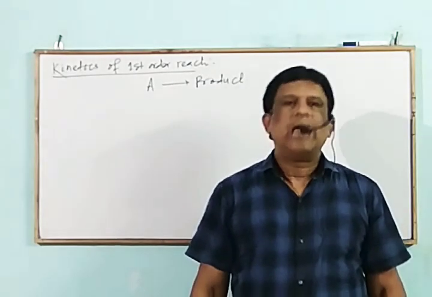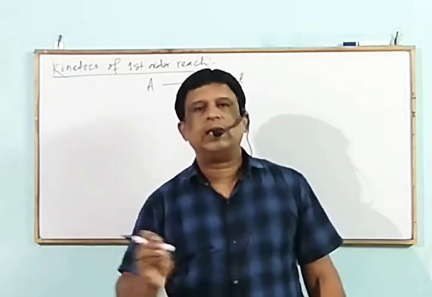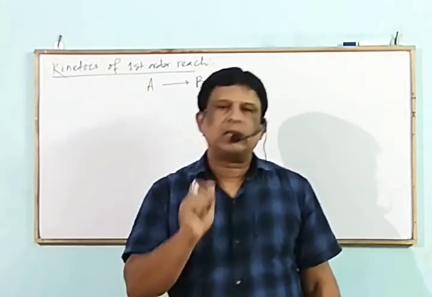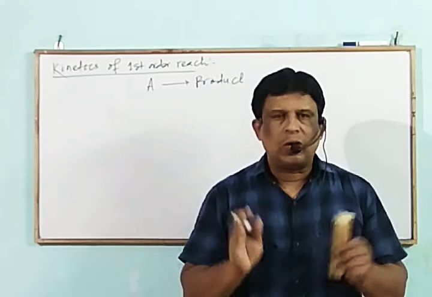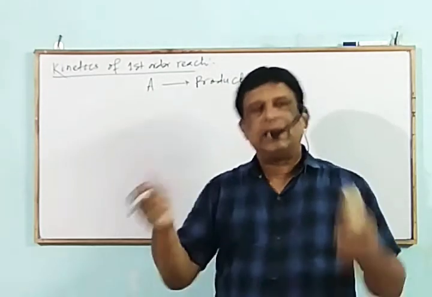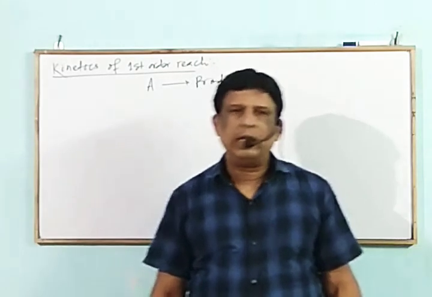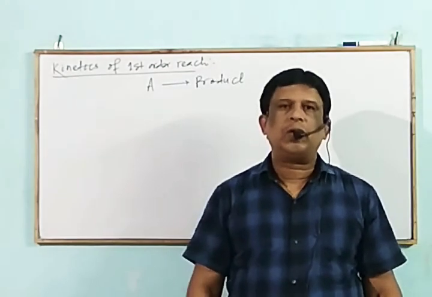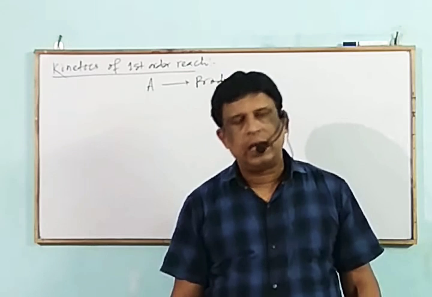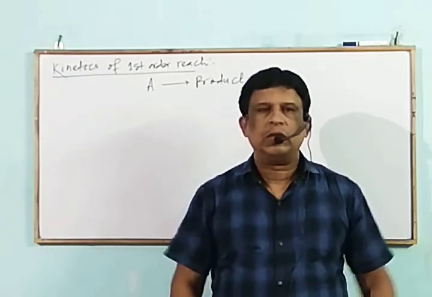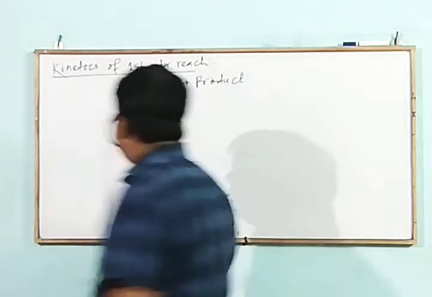So suppose after time t seconds, x moles per liter of A is decomposed to give the product, and after time t the reactant concentration is a minus x. This is represented mathematically, mark that.